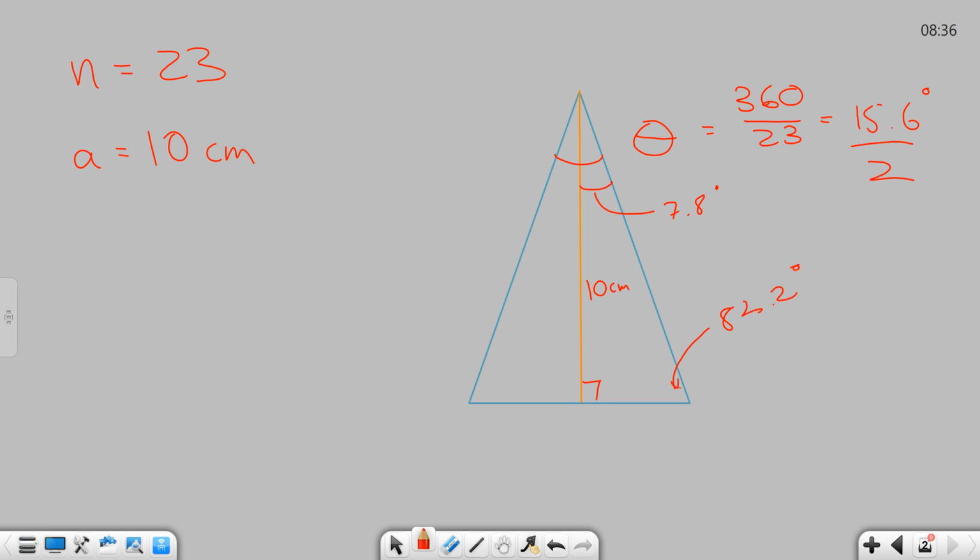Uh-huh. And then I just did the sine law. Law of sines? Yeah. Okay. So, sine of 7.8 over x is equal to the sine of 82.2 over 10. Found x? Found the area of the right triangle, or did you double x to find the area of this? I multiplied it by 2. Okay, found the area of the isosceles triangle, multiplied by 23.